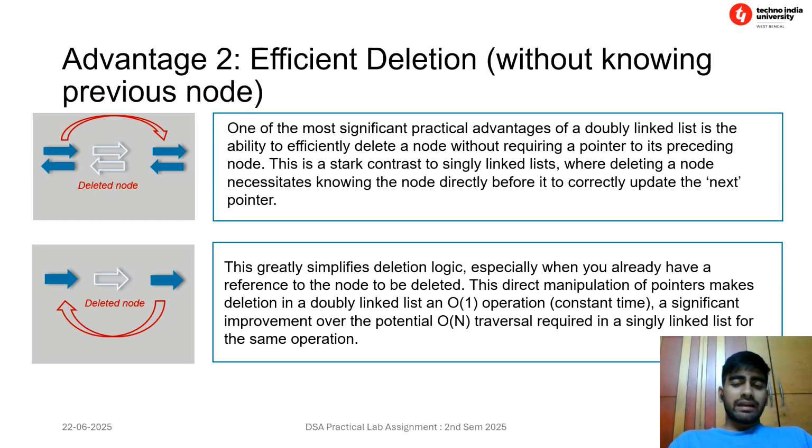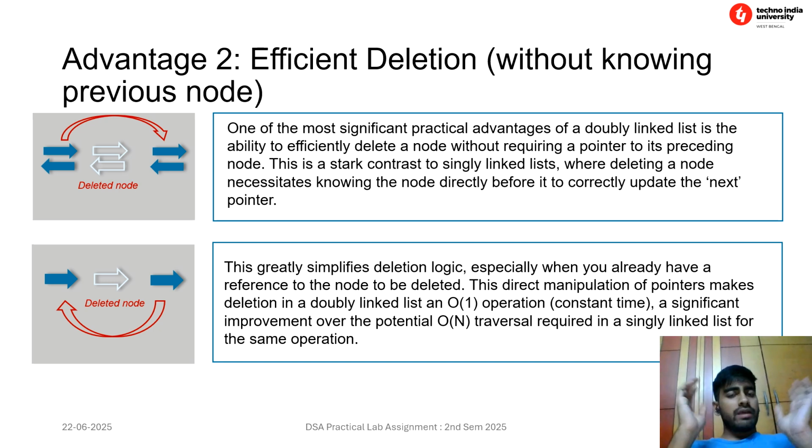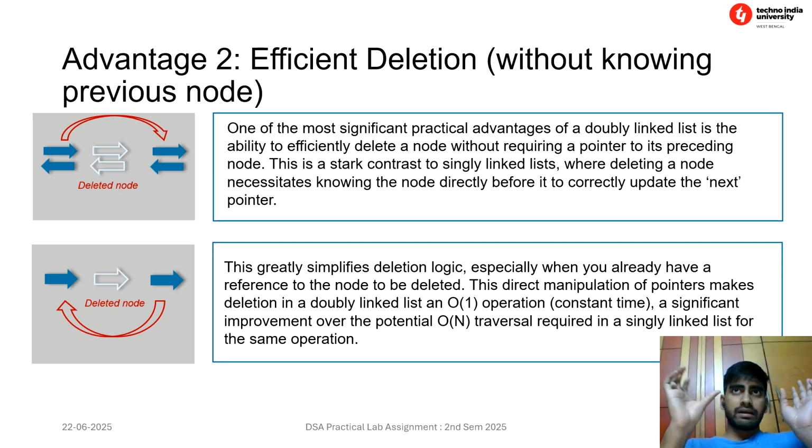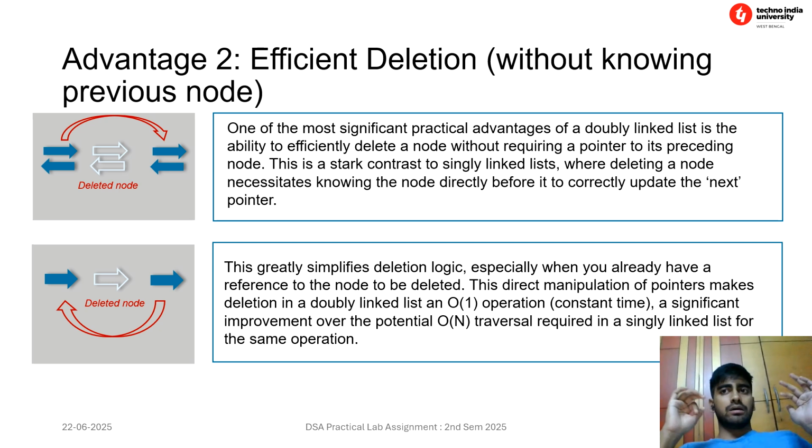In my next slide, I'm going to discuss the second very important advantage of a doubly linked list, which is efficient deletion without knowing the previous node. For example, take a single linked list in which we have five nodes, and we need to delete the third node, and we have a pointer pointing towards the third node.